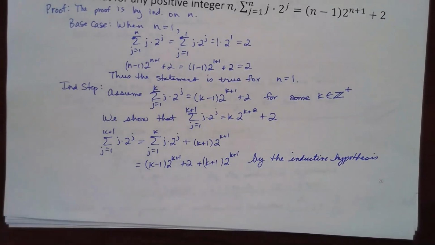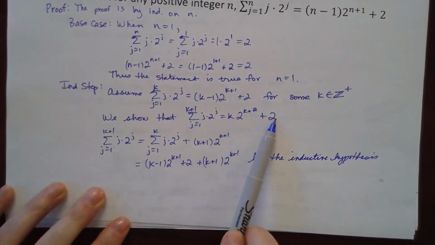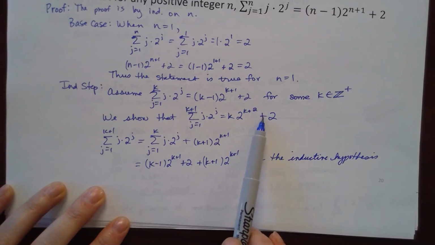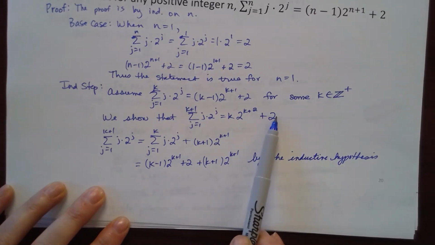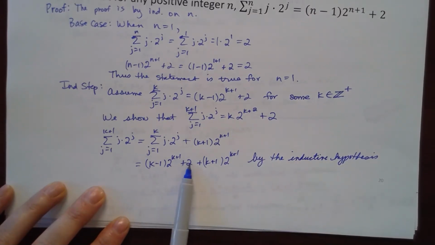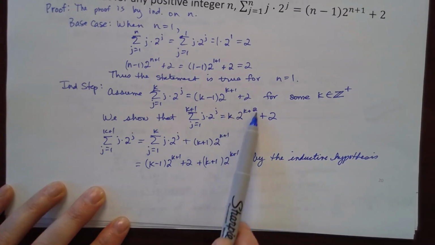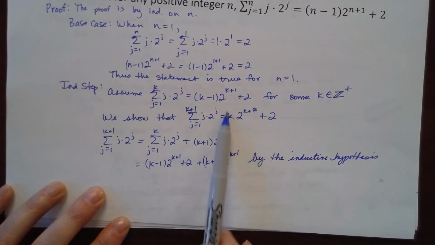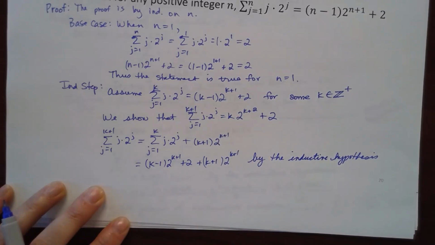Okay, and then it's just a matter of algebra. Our goal is to get it to look like this. It's going to have this little loose plus 2 on the end of it, which it already has. That's nice. And then there's going to be this other, k times 2 to the k plus 1.